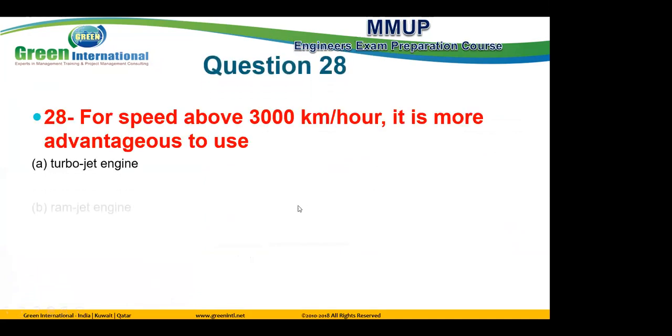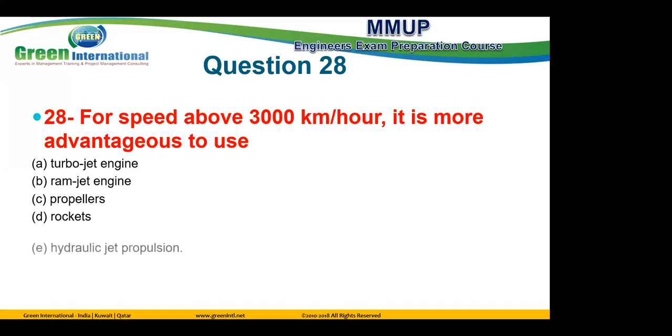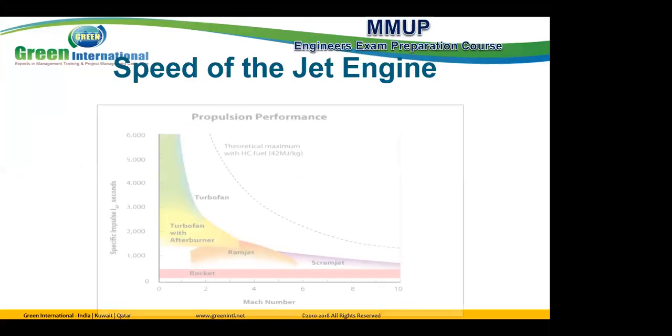Some questions are related to this part. Some of these questions are slightly difficult, but just be aware of the type of question for this part, not more. For speed above 3,000 km/h, it is more advantageous to use: B, ramjet engines. Correct, excellent.